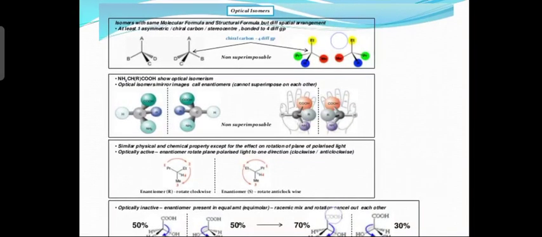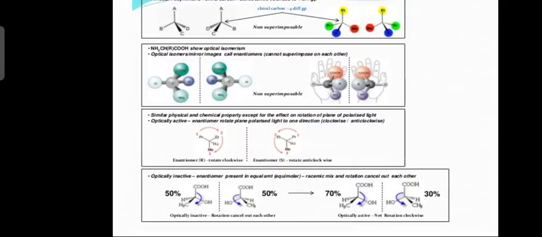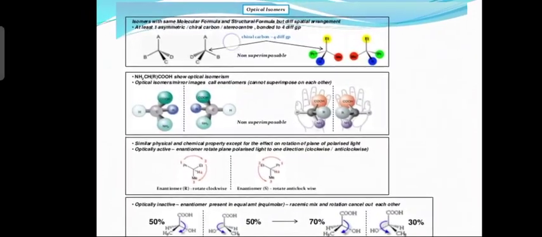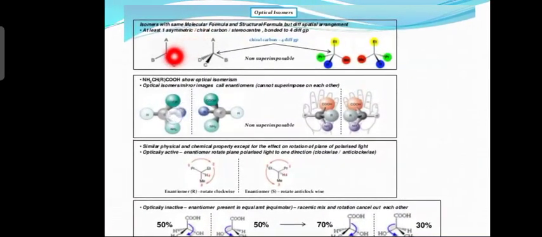You can see in this example, the carbon atom is at the center. The different groups attached are A, B, C and D. In the next compound also A, B, C and D. So this carbon atom is known as a chiral carbon atom because it is linked to 4 different atoms or groups.